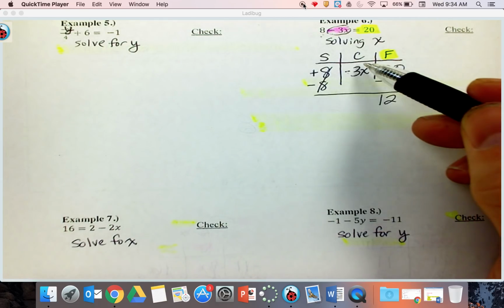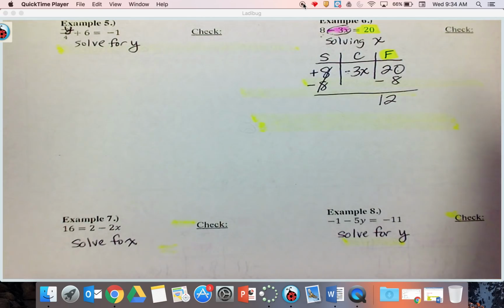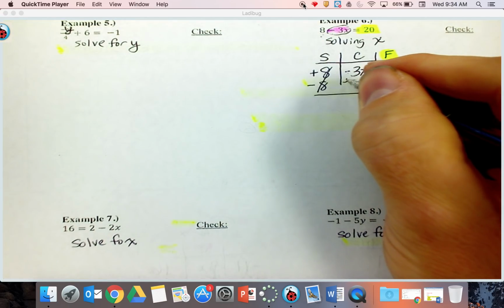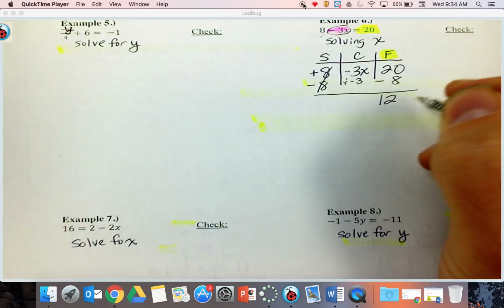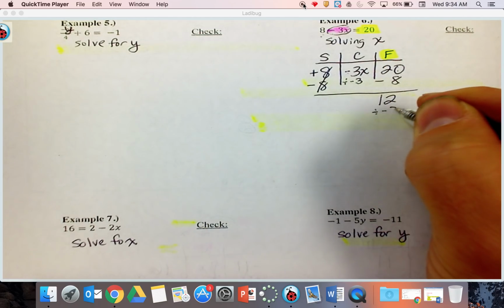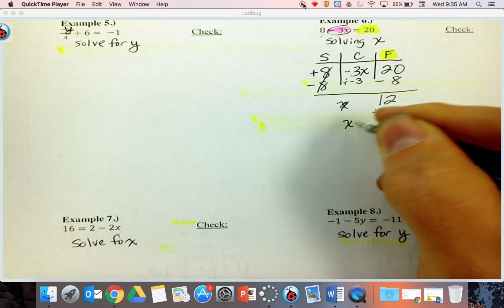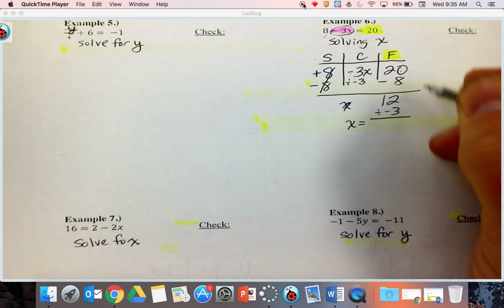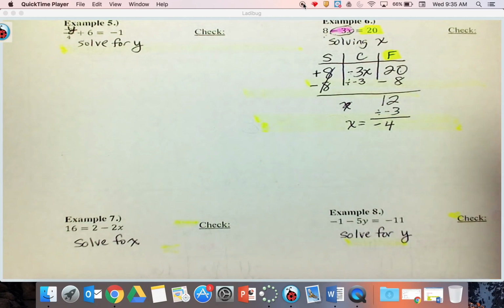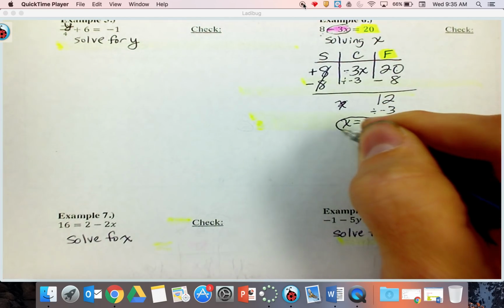So this is multiplication. It's negative 3 times x. So remember, we're going to do the opposite of that, which is divide by negative 3 and divide by negative 3, which gives me my value x. X by itself. When I get that, I get negative 4. That is my solution there.